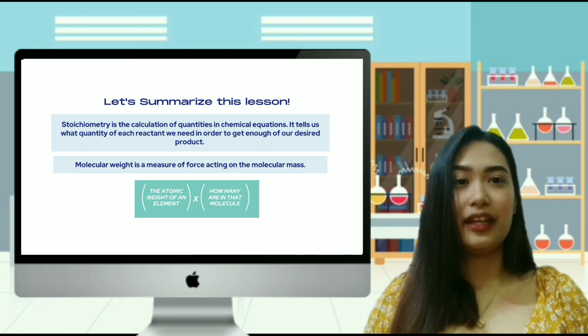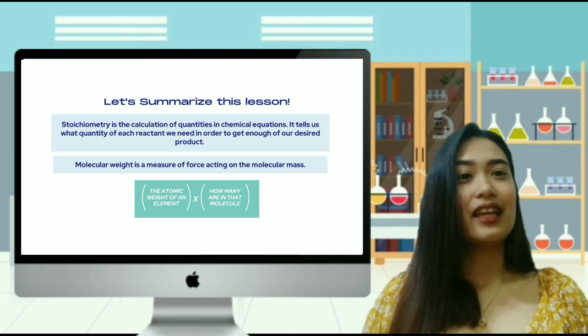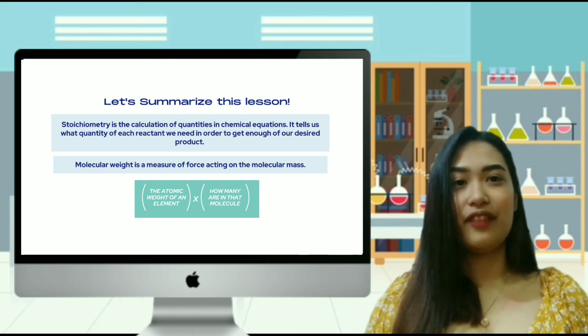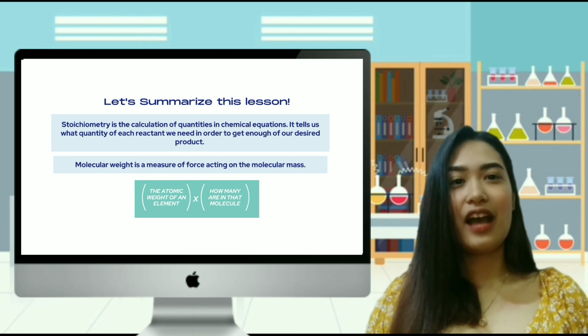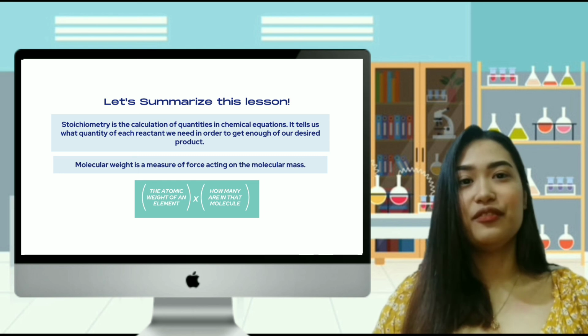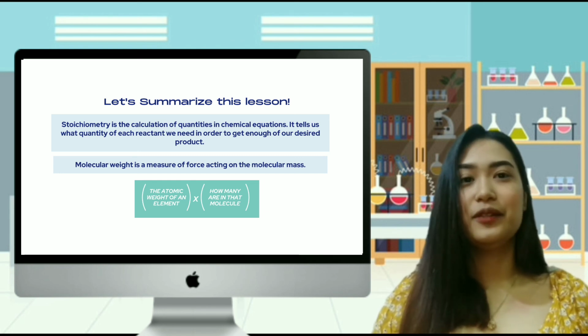Next is molecular weight, which is the measure of the mass of a molecule. It is also the sum of the atomic weight values of the atoms in a molecule. We have learned how to calculate the molecular weight. The number of each type of atom is multiplied by its atomic weight and then added to the weight of the other atoms.